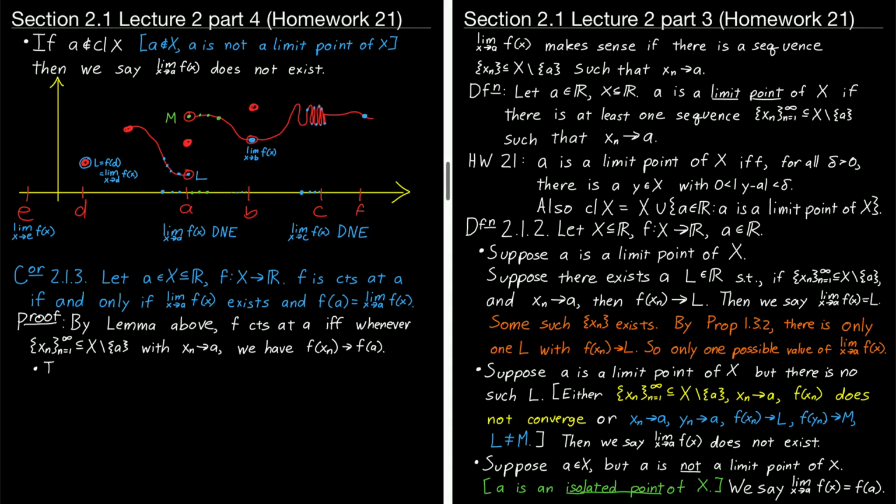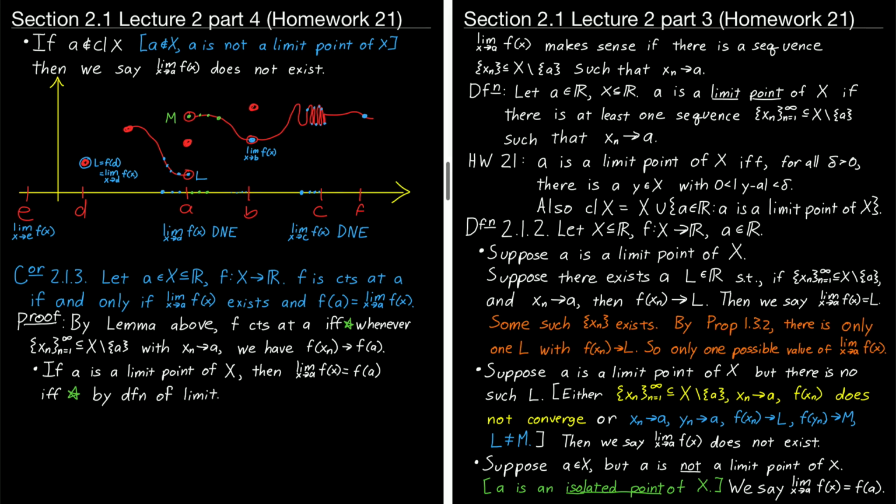So if A is a limit point of X, then the limit as x goes to A of f of x equals f of A if and only if we have this condition, which we label green star, and that's true by definition of limit.